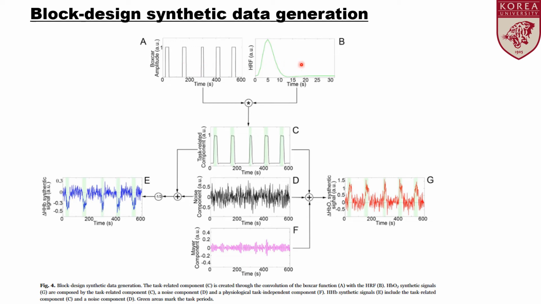And we can see that in this boxcar function, they took the amplitude to one arbitrary unit during the task period, and they took 0 during the rest period. And they designed the boxcar function including 5 task blocks separated by the rest periods.